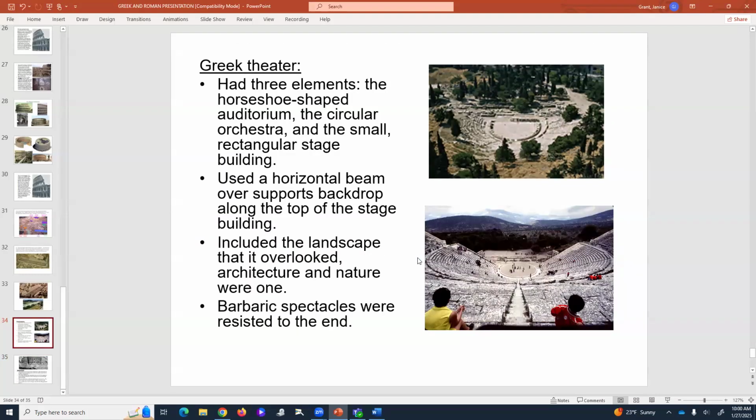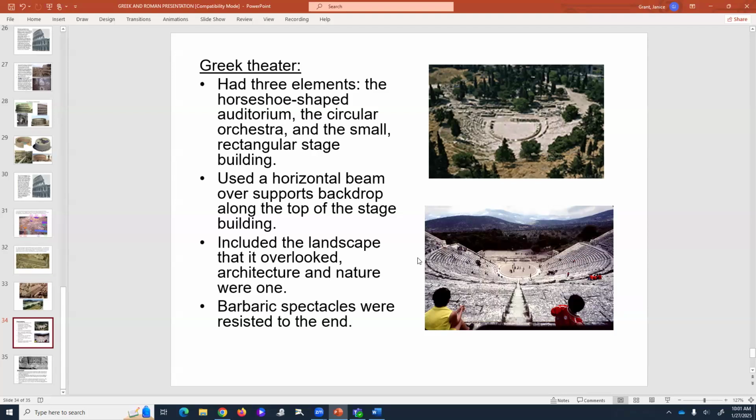The Greek had these three elements: the horseshoe shaped auditorium, the circular stage, and a small rectangular stage building behind it. So it was more open to the landscape, not so closed off. It used a horizontal beam over support backdrop along the top of the stage. So it really included the landscape and nature.